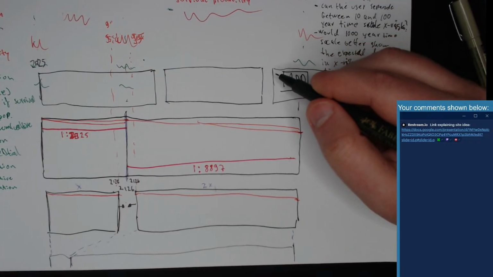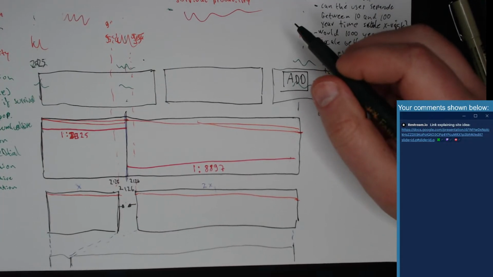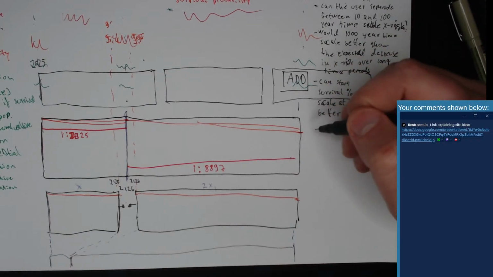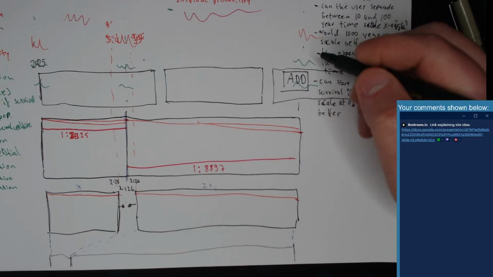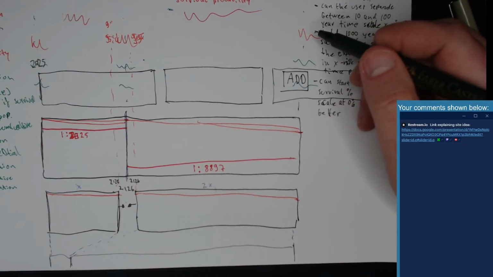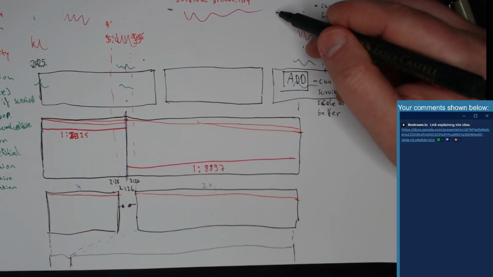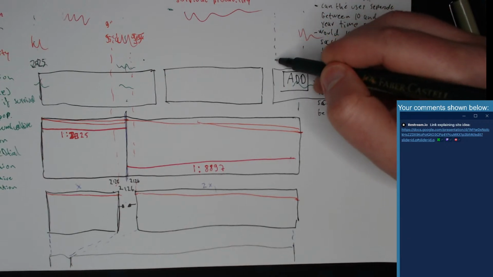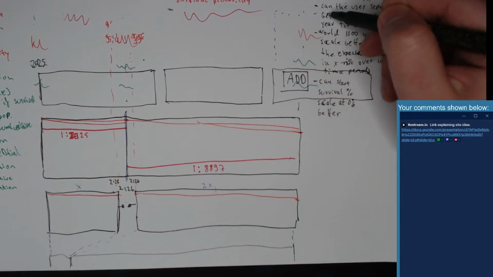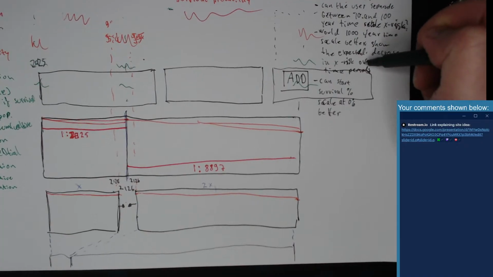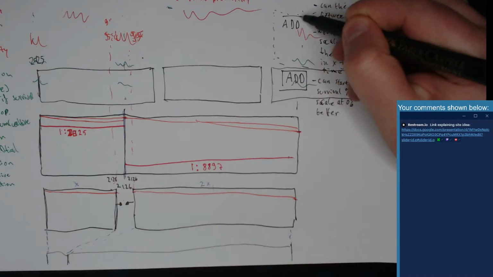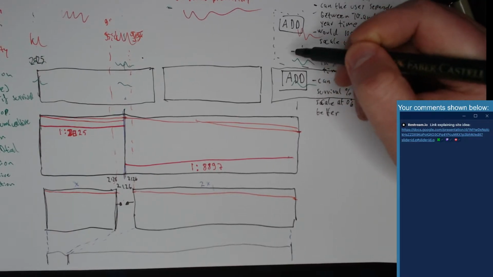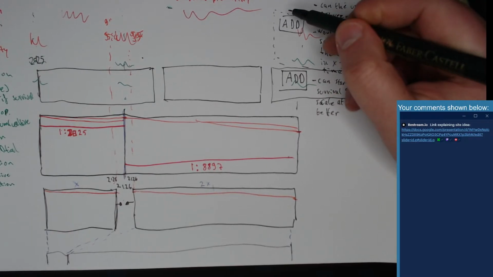The add button could also be in the graph section, so you could have it both in the inputs and in the graph output, you could have both.